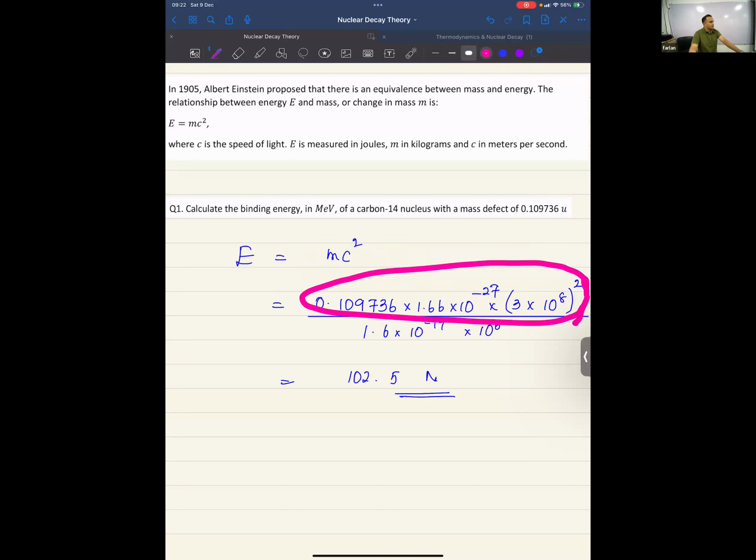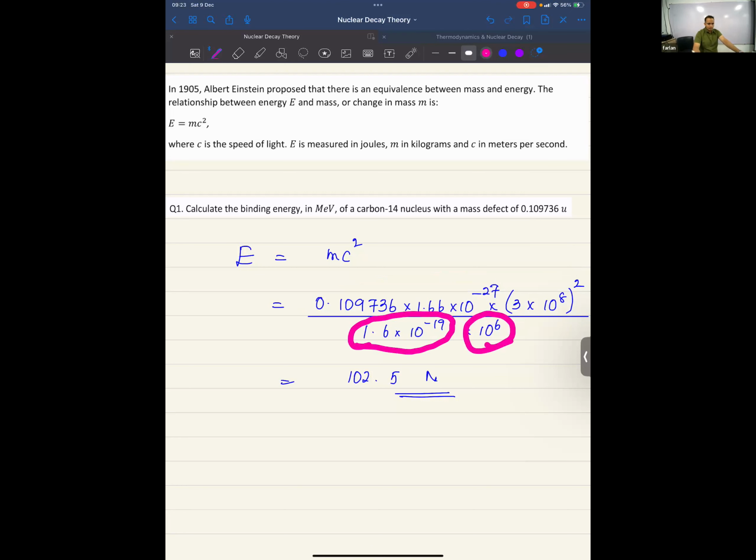If you want it in electron volts, you divide by the charge of an electron, 1.6 into 10 to the power minus 19. If you want mega electron volts, further divide by 10 to the power 6.